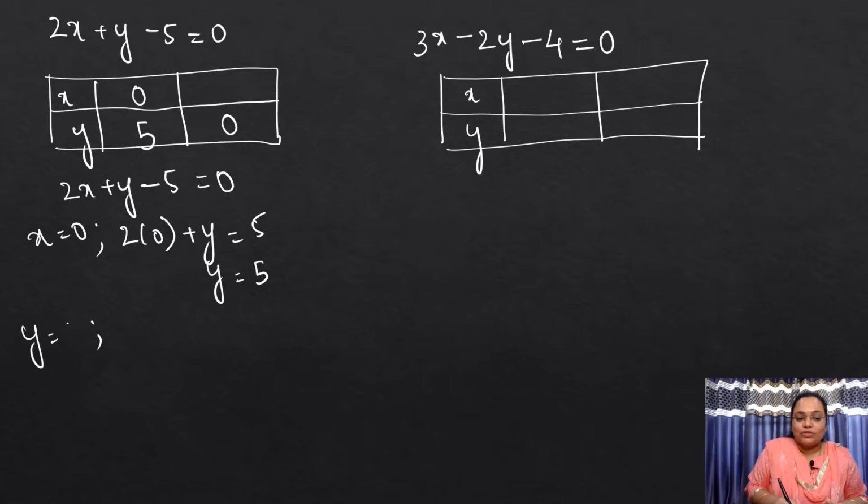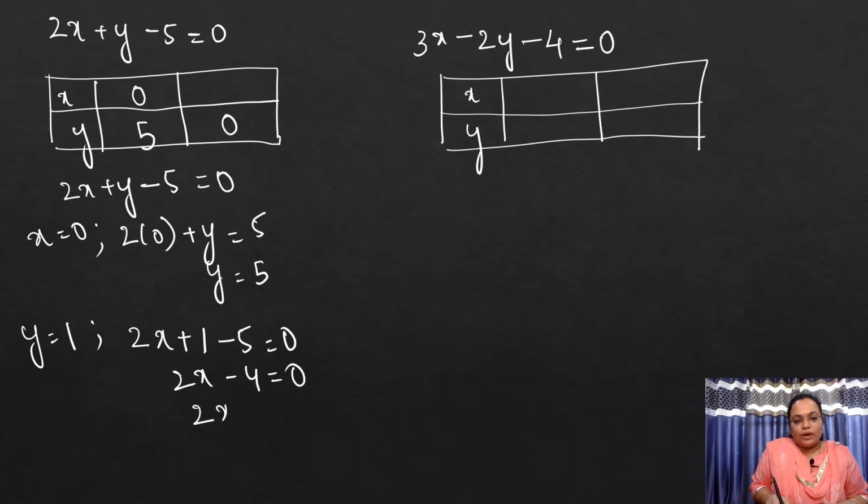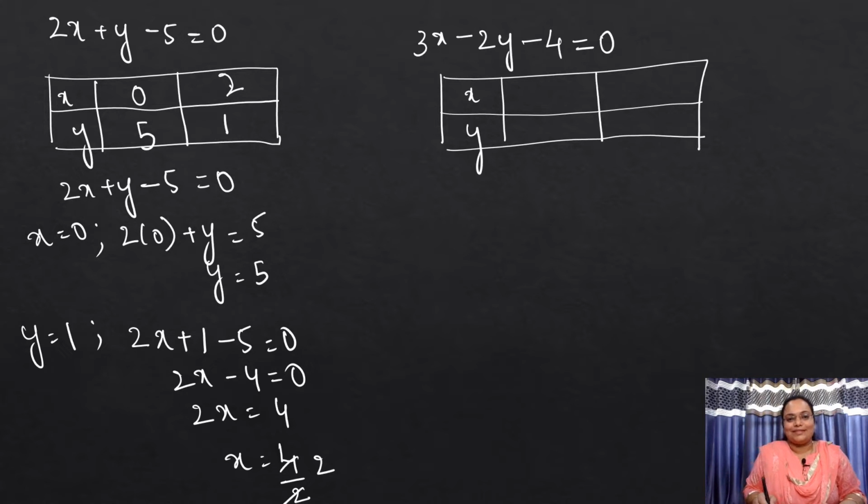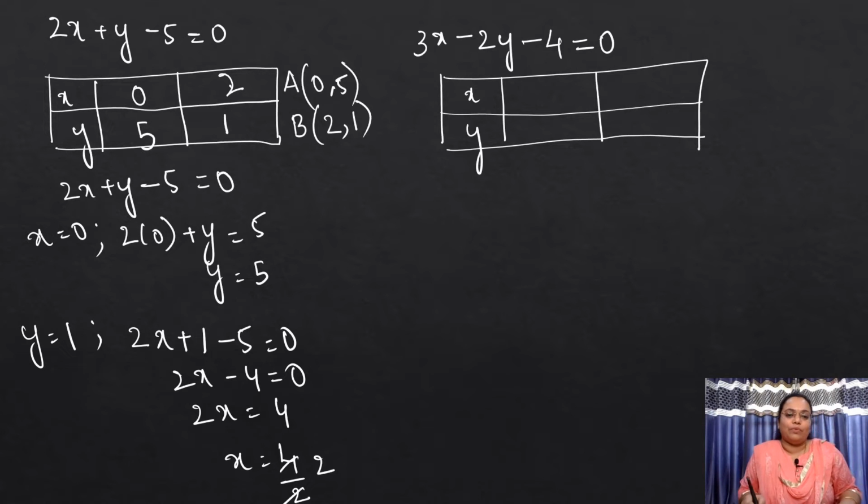If y is equal to 1, this will be 2x plus 1 minus 5 is equal to 0, 2x minus 4 is equal to 0, 2x is equal to 4, x is equal to 4 by 2, which is 2. When y is equal to 1, you will get x is equal to 2. Now, let me take these as points: A of 0, 5 is one point and B of 2, 1 is another point.